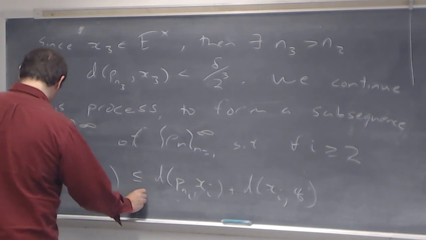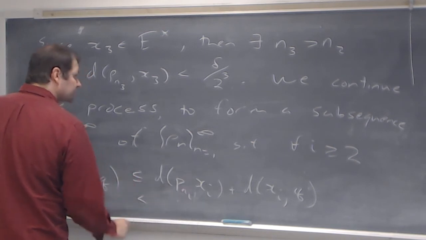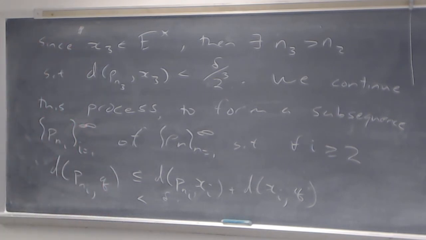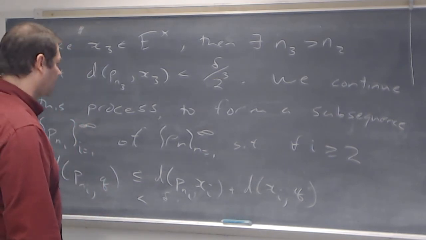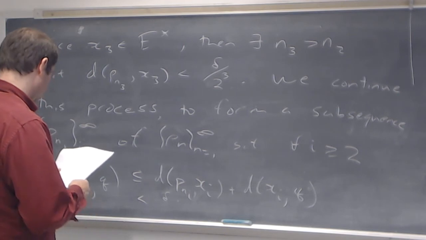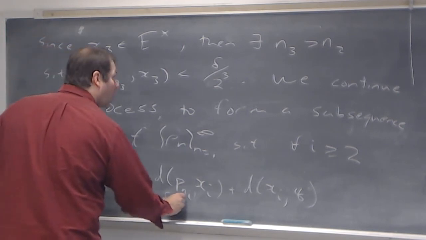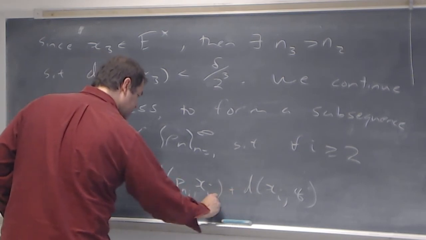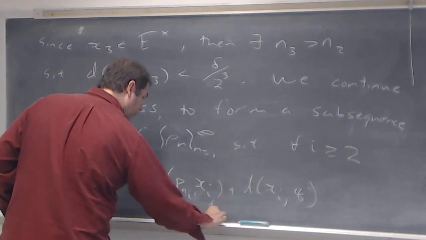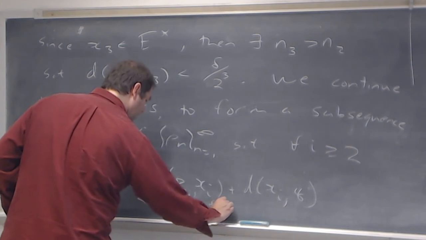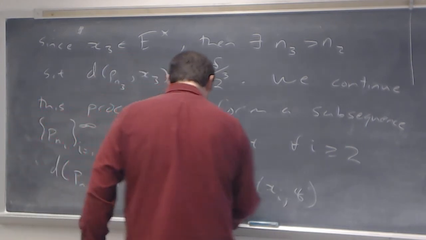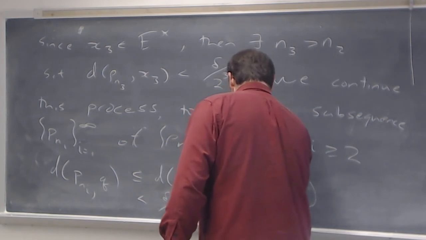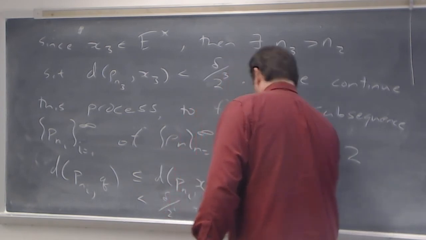But this is going to be less than, if we continue this process, delta over 2 to the i plus delta over 2 to the i, which is two of the same thing, so it's equal to delta over 2 to the i minus 1.